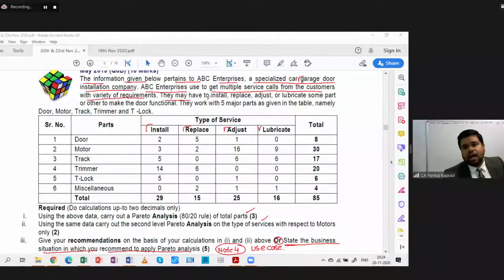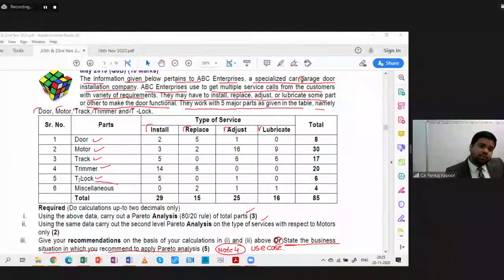So they may have to install, replace, adjust, or lubricate some part or other in order to make the door functional. They work with 5 major parts as given in the table, namely the door, motor, track, trimmer, and the T-lock. So these are the 5 major parts they deal with in order to make the door functional.